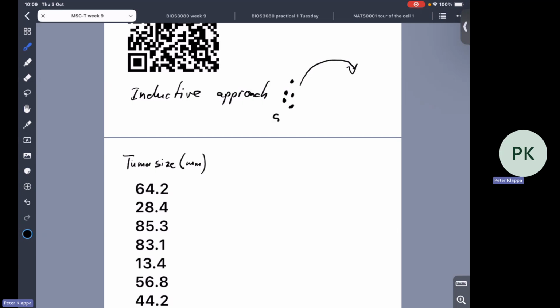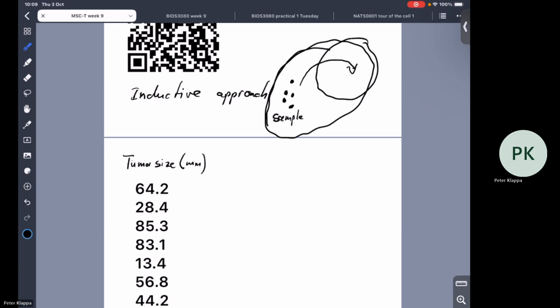So here we've got a sample, and here we've got a large population. I probably should draw it like that, because the sample belongs to a large population.